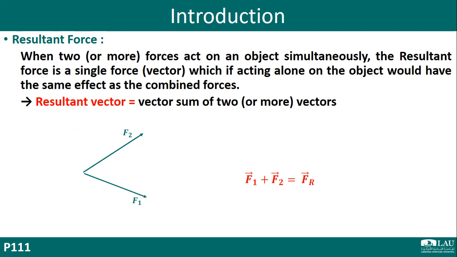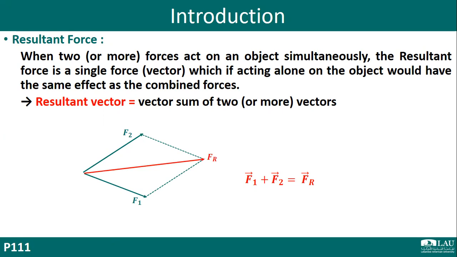If we take these two forces, F1 and F2, acting on this point, let's consider that this point is the point A. The summation or the resultant of these two forces, Fr, has the same effect as F1 and F2 combined together. That's what we mean by the resultant. How can we obtain the resultant?